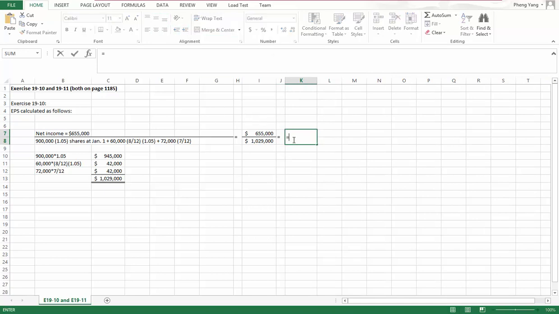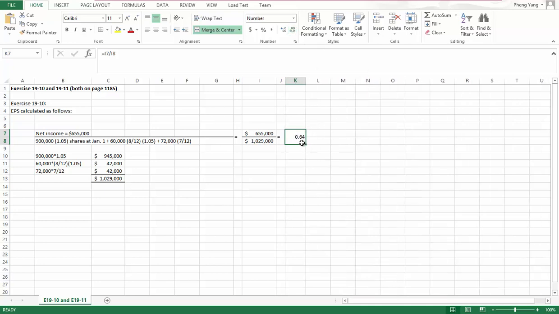That should equal an earnings per share of $0.64. Okay, let's make this number. There we go, 64 cents. So that's our number there. So our EPS is 64 cents.